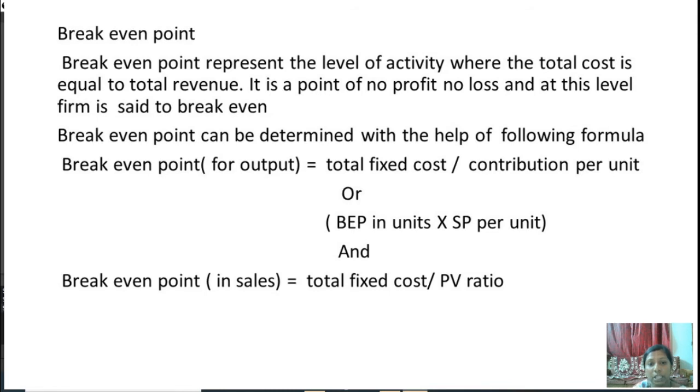This formula is used for output. And the other one, break-even point in sales: the formula is total fixed cost divided by PV ratio.